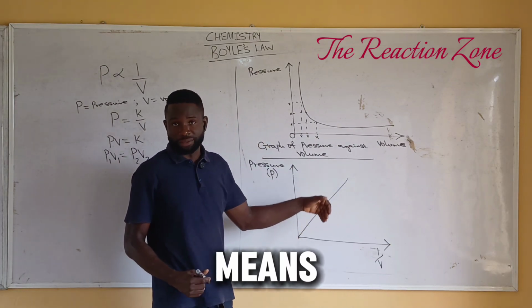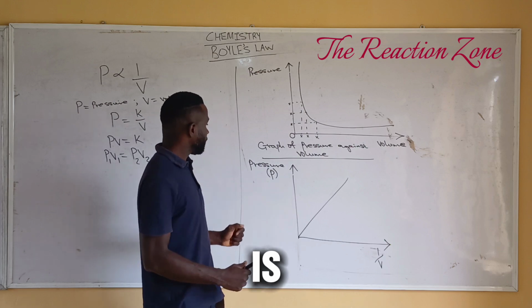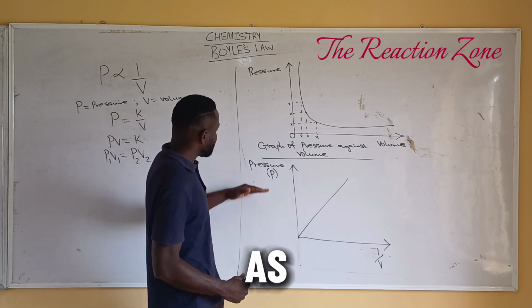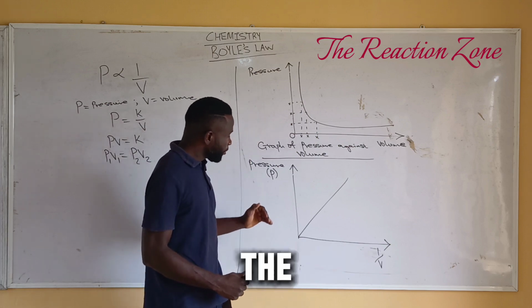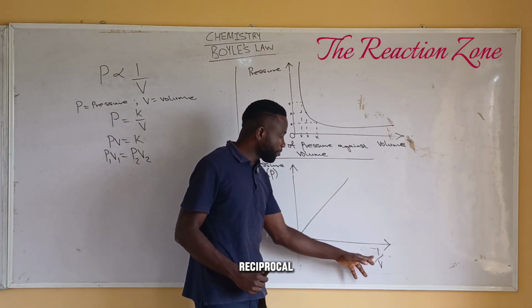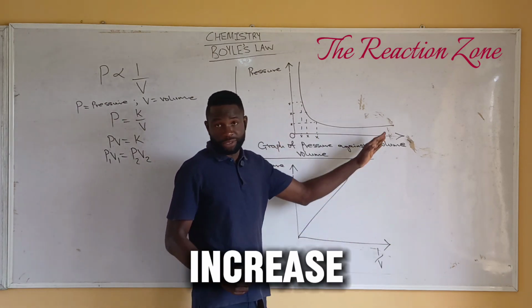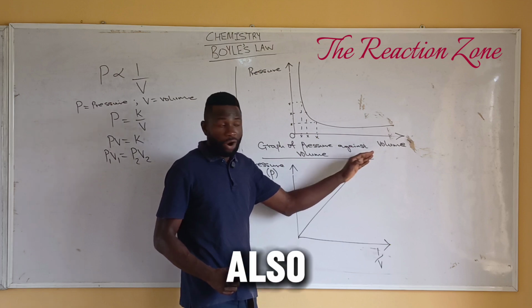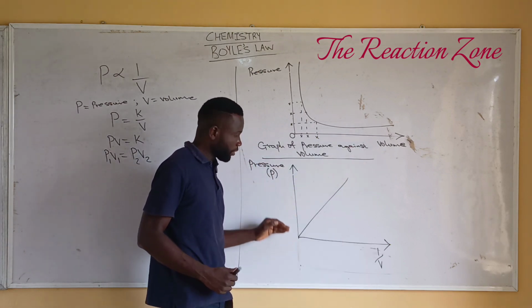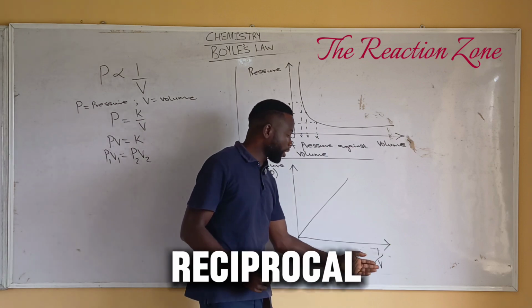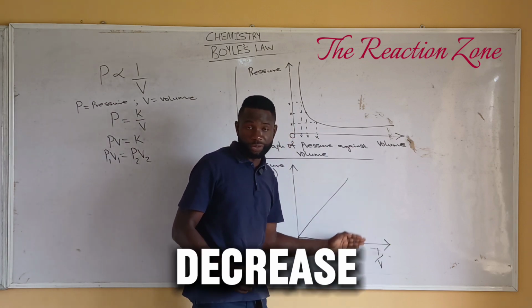What this means is that as pressure of the gas increases, the values of the reciprocal of volume will also increase. Also, if the values of pressure decrease, the values of reciprocal of volume will also decrease.